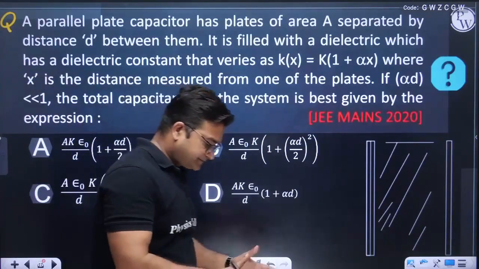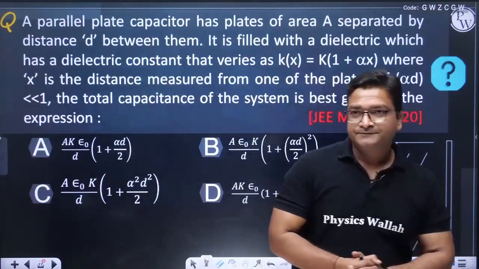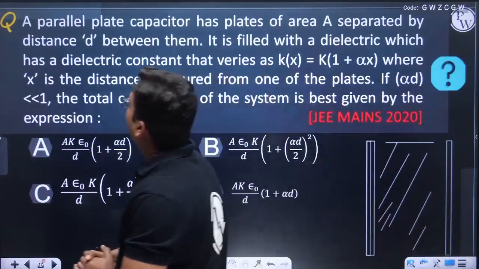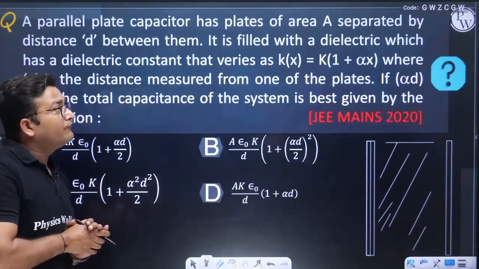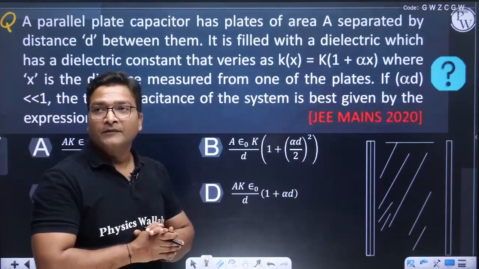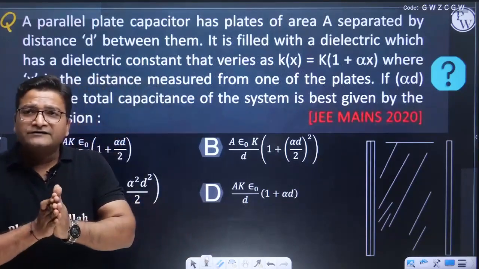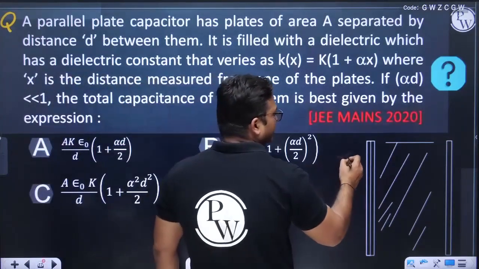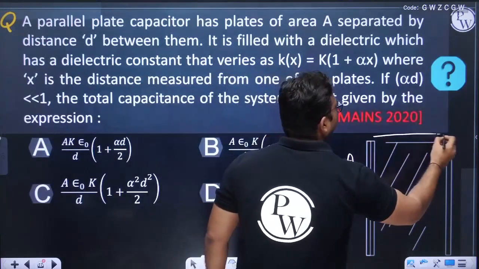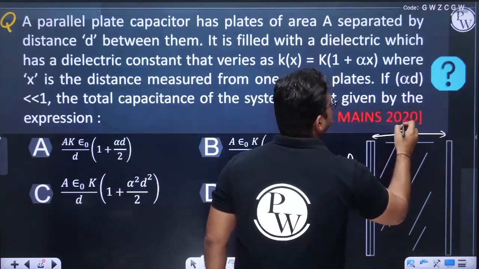Next question. This is a good one. This question says a parallel plate capacitor has plates of area A separated by distance d between them. So the plate area is A and the distance between them is d.